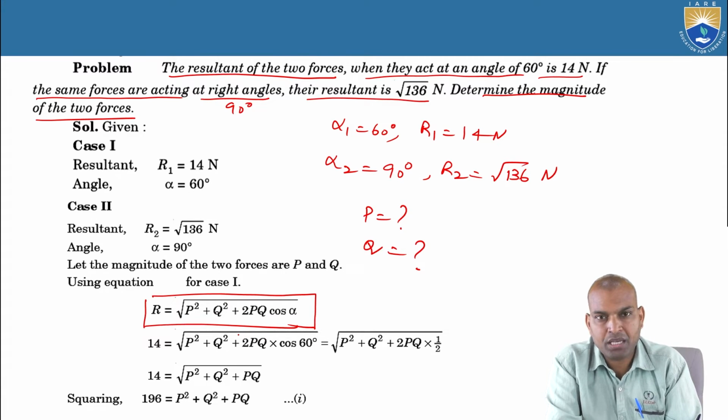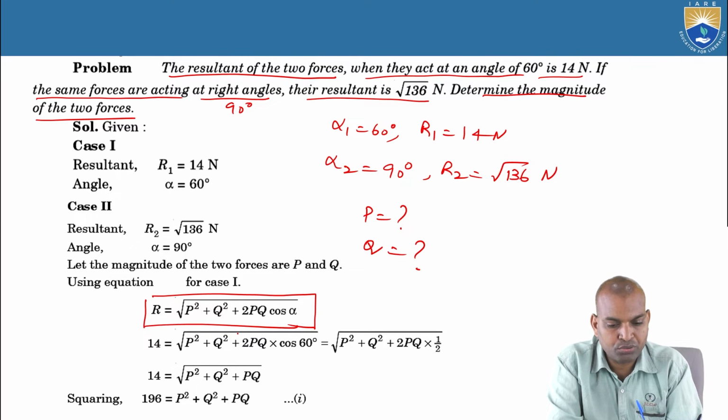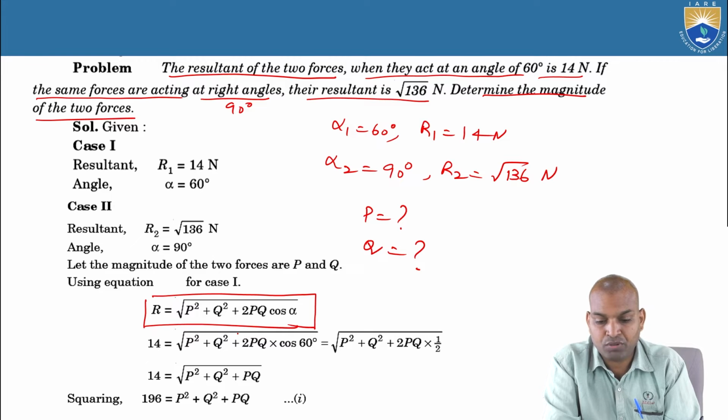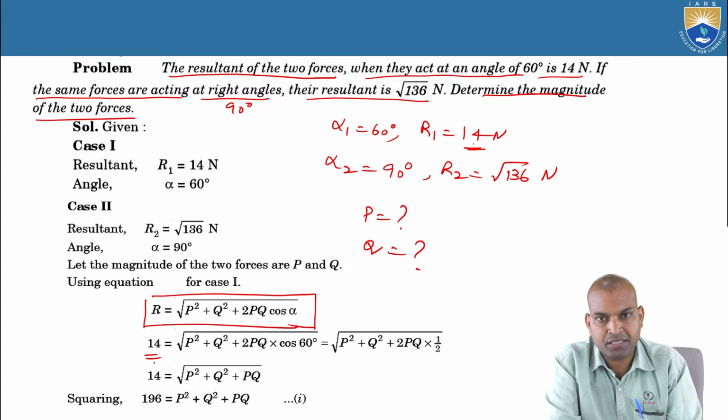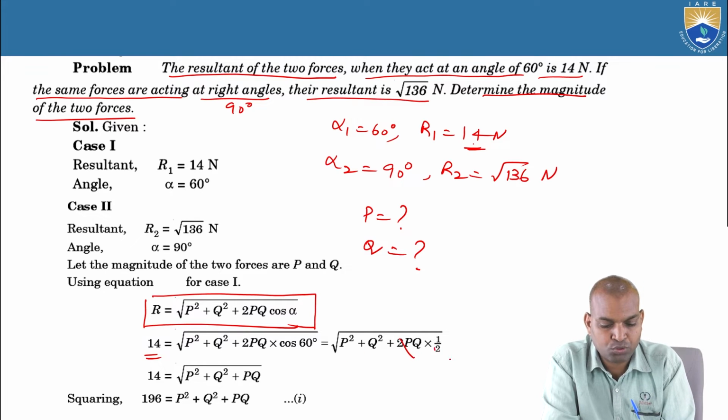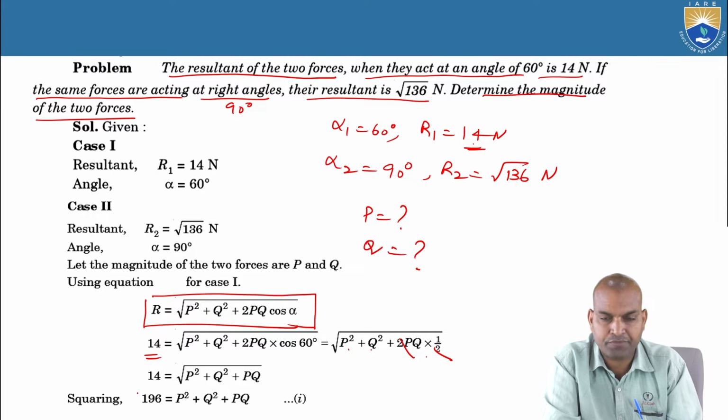Here P is not equal to Q, alpha equal to 60 degrees and R1 equal to 14 newtons. Substituting, 14 equal to the square root of P square plus Q square plus 2PQ cos 60 degrees. The 2 is cancelled, giving the square root of P square plus Q square plus PQ.